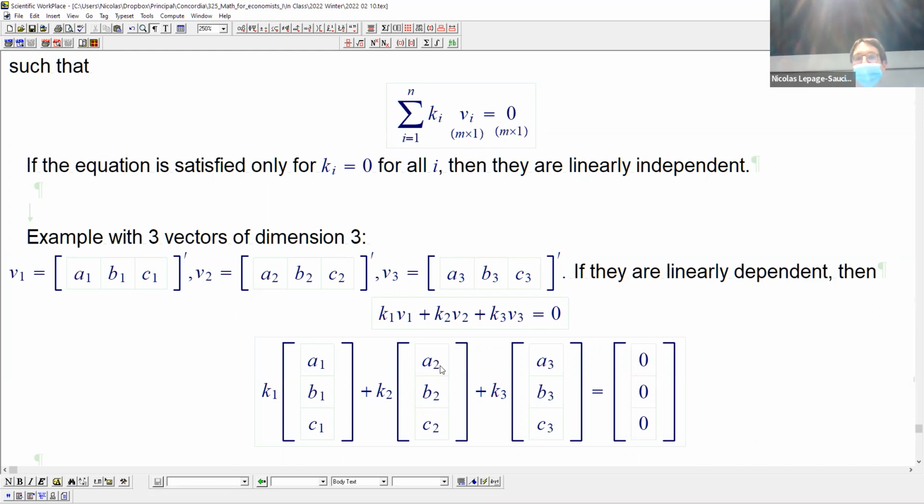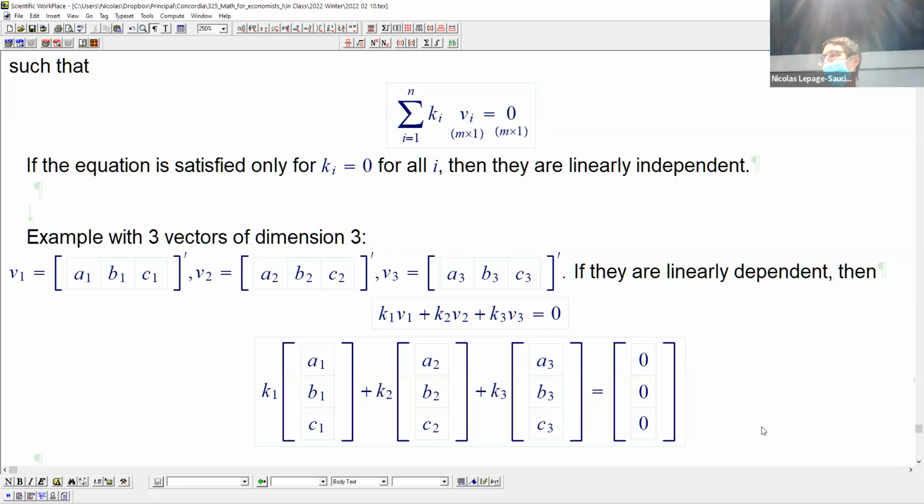Okay, so essentially what does that mean here? Well, it means that I have three equations. K1 A1 plus K2 A2 plus K3 A3 equals 0. K1 B1 plus K2 B2 plus K3 B3 equals 0. And the third equation, K1 C1 plus K2 C2 plus K3 C3 equals 0.